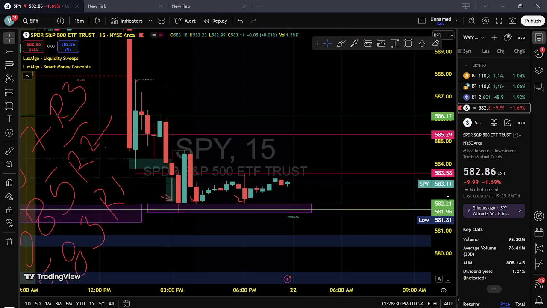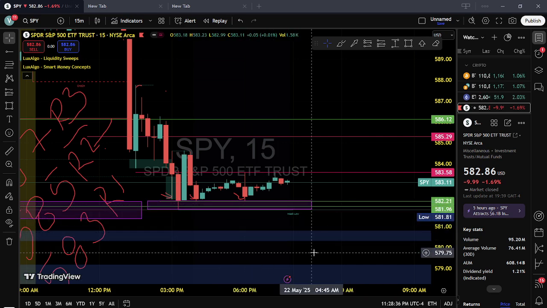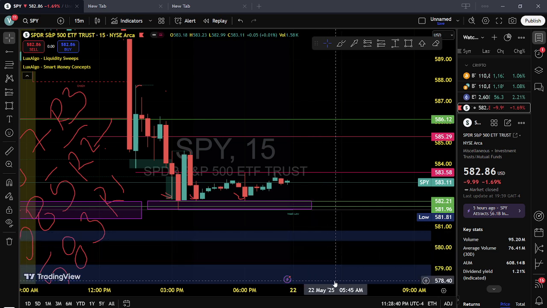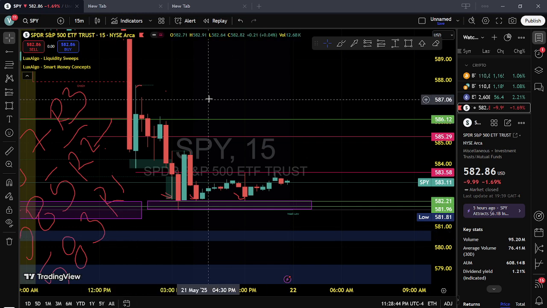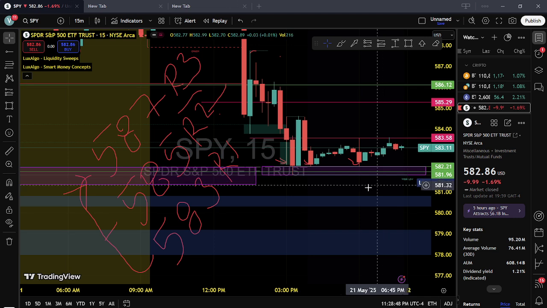So I'm telling you, this 581 zone is very crucial support for tomorrow. So 581, then 580, and then 578. I have told you the levels of resistance: 587, 585 and 583. Below, 581, I already mentioned here.